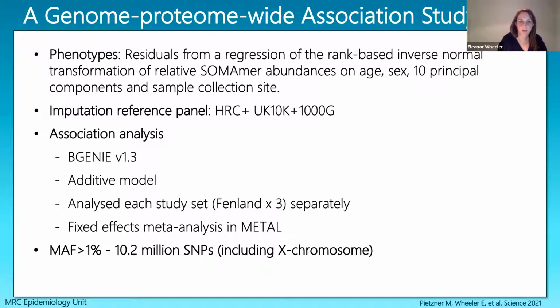Those were analysed separately and then combined in a fixed effects meta-analysis in METAL. We looked at variants with a minor allele frequency above 1%, and that left us with 10.2 million variants, including SNPs, or single nucleotide polymorphisms, including the X chromosome.